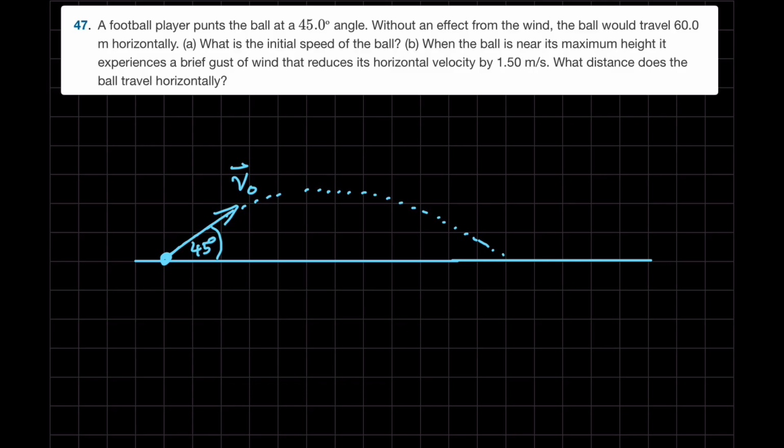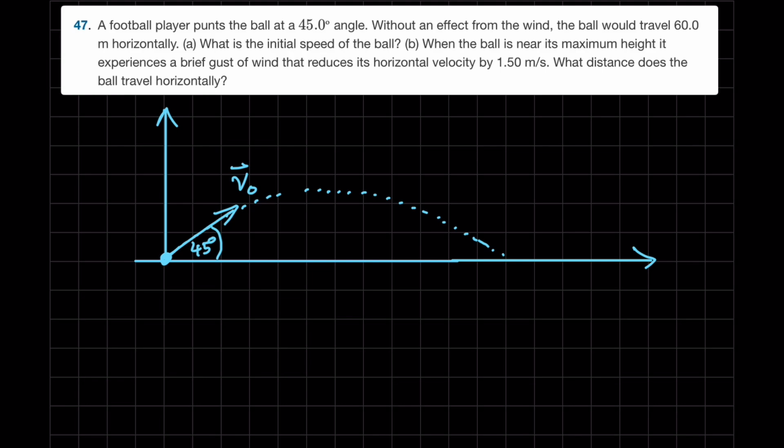And once we have this, what you want to do is think about a coordinate system to use. The one I'm going to use is centered at the starting point of the ball, right?